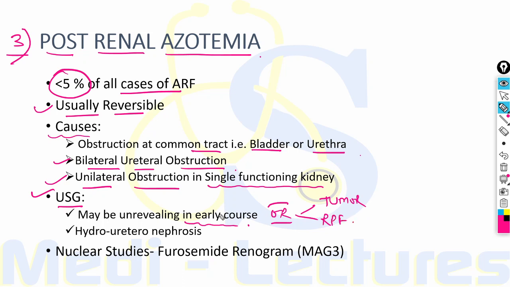So in early course there may be unrevealing USG, but the usual finding which is seen on USG is hydroureteronephrosis, which is due to ureteric and renal pelvis dilatation. Nuclear studies are important, like furosemide renogram with the help of MAG3. These may be required to better define the presence or absence of the obstructive uropathy, especially in the early cases.